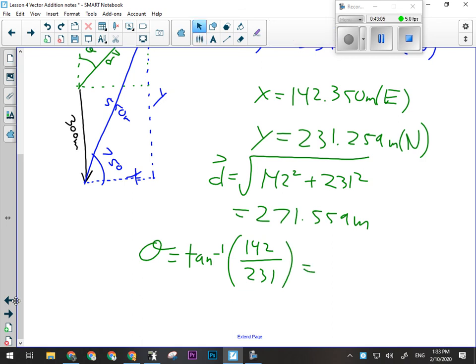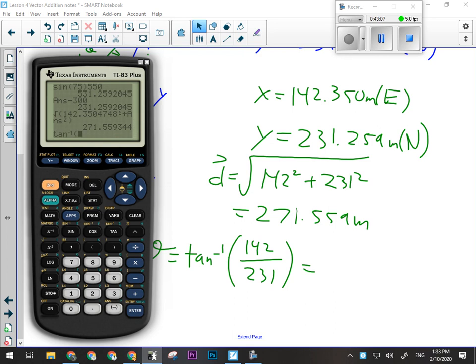So second tan of 142.3504748 divided by 231.259.